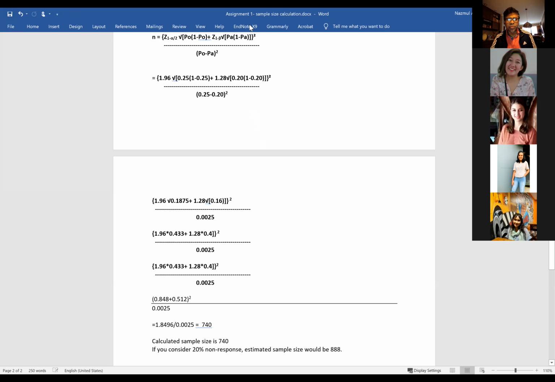But I'm wondering who has not done this along with us. Professor, the root applies to only the whole thing, right? Like 0.25 times 1 minus 0.25, until this, and then another root again to the second part, right? Yes. And for the third, the root applies to 0.2 times 1 minus 0.2, this part, right?